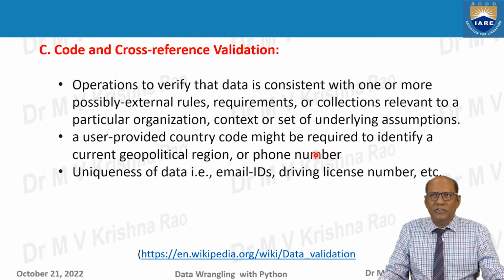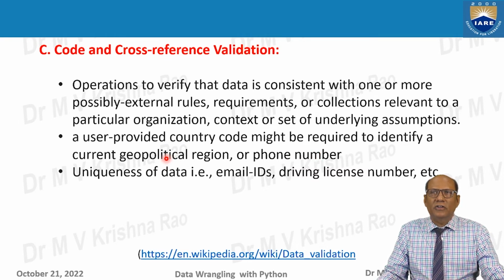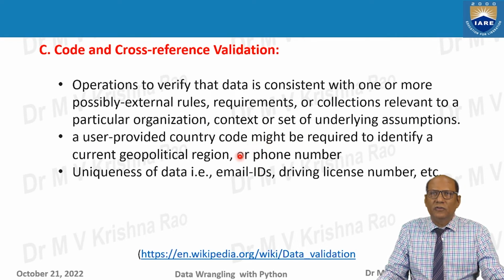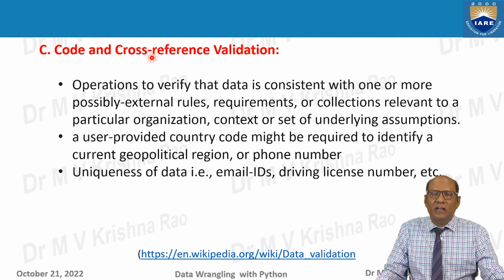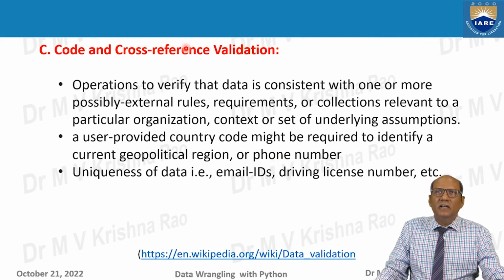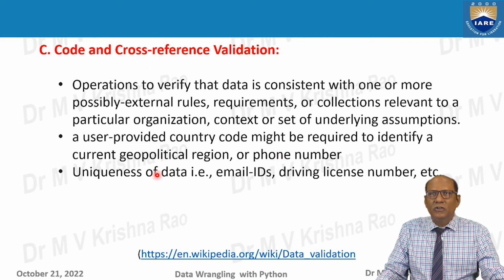Even if you just give the phone number, you have the record of the geographical region. So based on the phone number, including the ISD code, you can identify which region the phone belongs to. That is a kind of cross-reference. One is geographic location, the other is phone number. You cross-reference these two to validate.